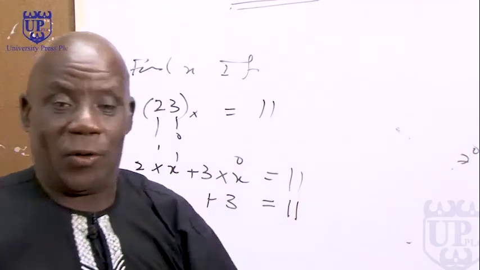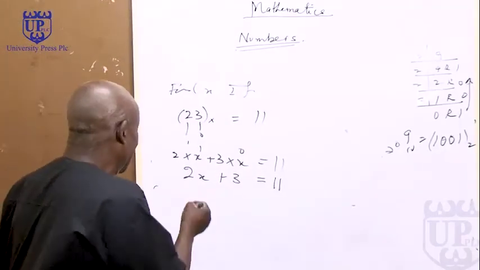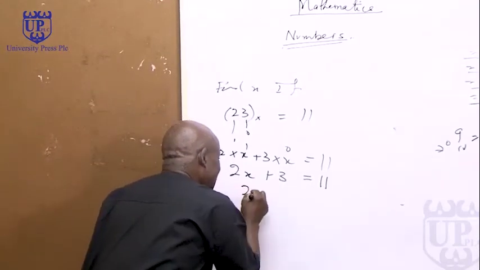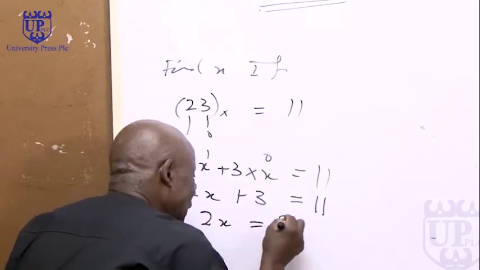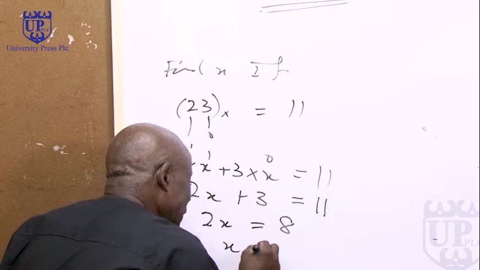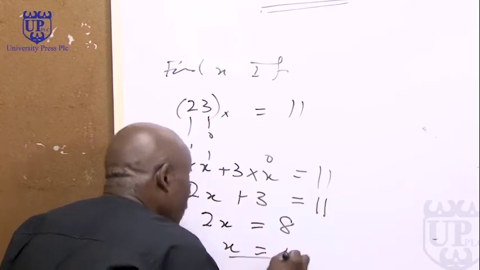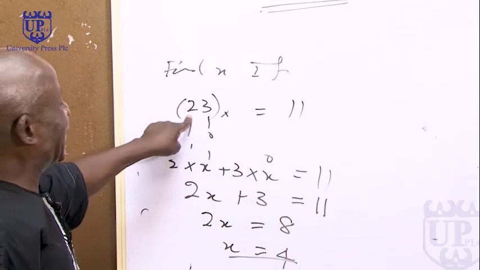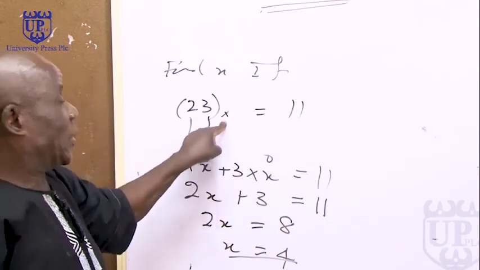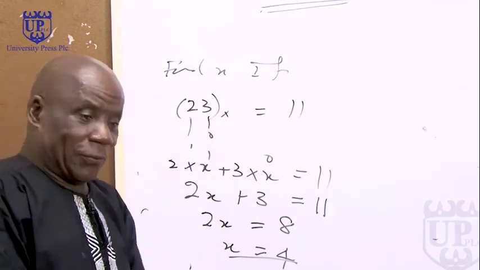From our knowledge of simple linear equations, 2x equals 8. Our x is equal to 4. That means it is 23 base 4 that is equal to 11.